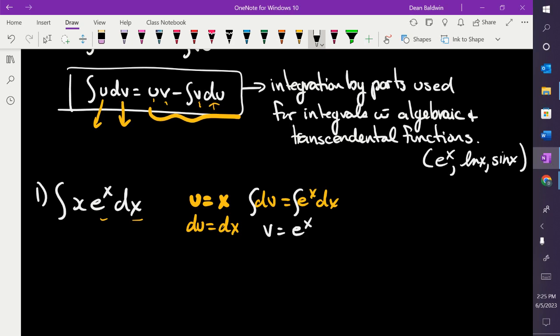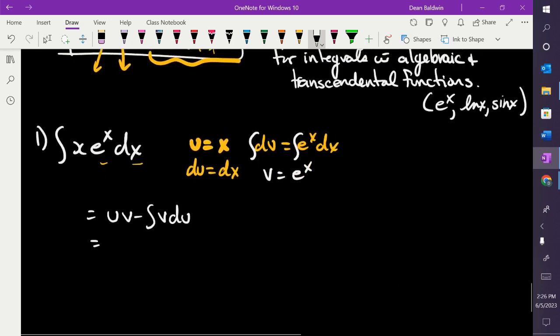Now we can use our formula. The formula says it's u times v minus the integral of v times du. What's u? X. What's v? E to the x. Minus the integral of v, which is e to the x, times du, which is dx.